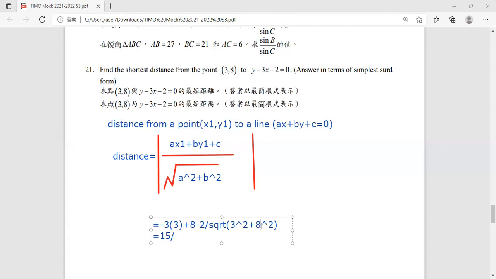So the mathematics is this. Then you just rationalize the denominator. You get 3 square root 10 over 2.